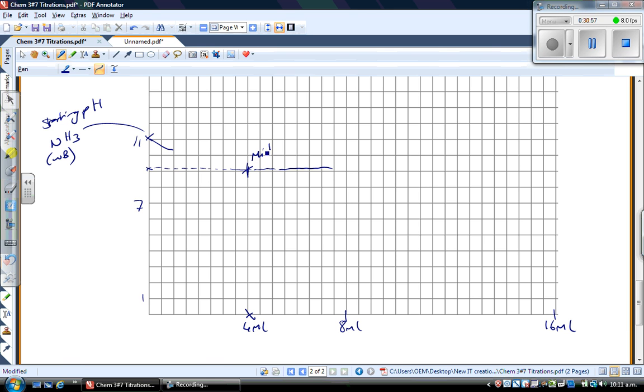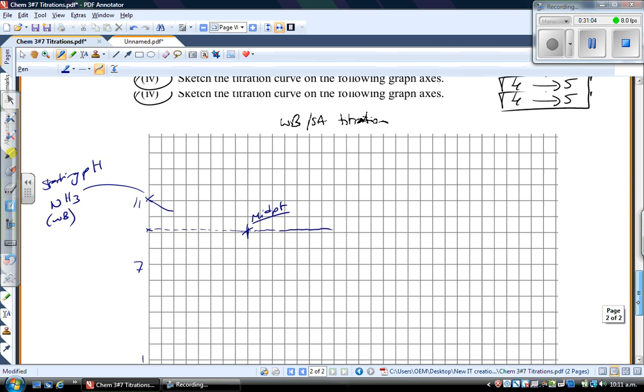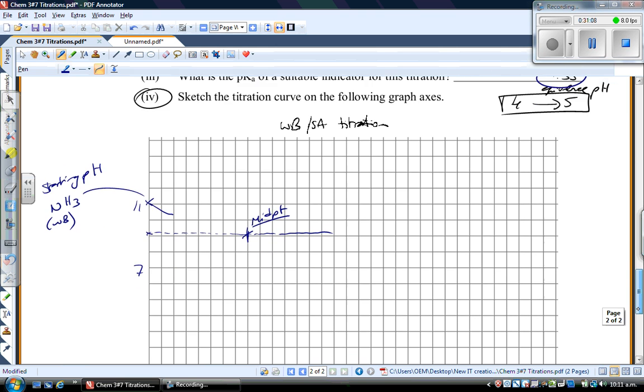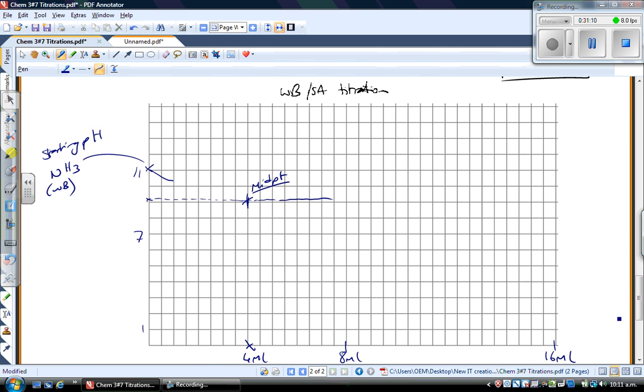So that's the midpoint. The equivalence pH we worked out to be 4.35. So 4.35 is the equivalence pH. So that's slightly acidic. So 1, 2, 3, 4, it's about here. So this comes all the way over to the 8 mL mark, and that was our equivalence point.